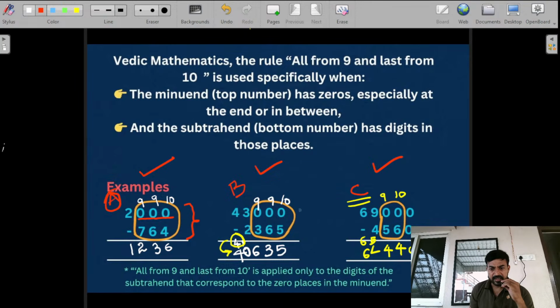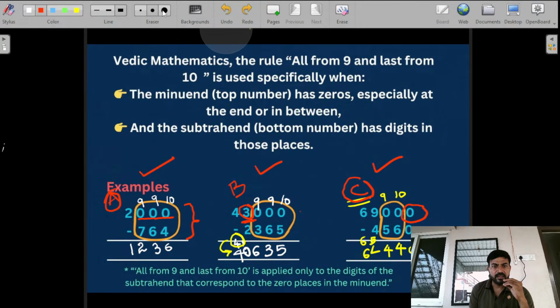In the second case, non-zero numbers also are there. And in case B, only a few zeros and digits are there. If you find zeros in the minuend, you need not apply this all from 9, last from 10 concept. Okay, I will explain it again.